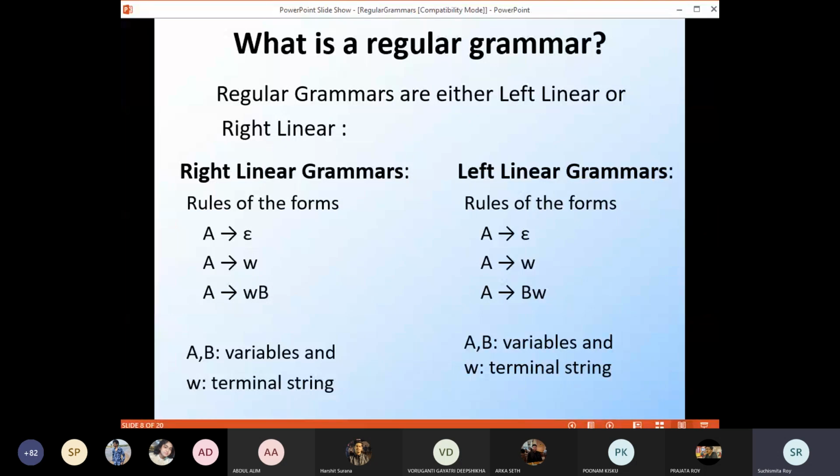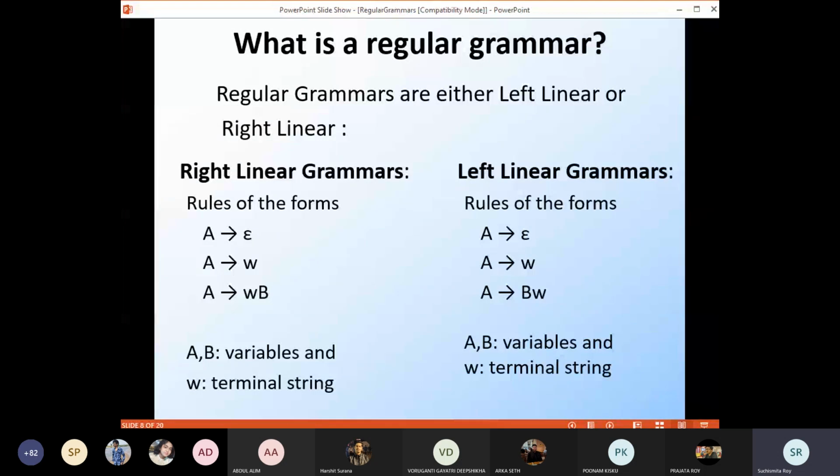Regular grammars are typically of the form either left linear or right linear. Please remember, they have two forms, and just as you can convert from an NFA to a DFA or a DFA to an NFA, epsilon NFA, and so on, similarly you can convert from left linear grammar to right linear grammar and back, and of course from every grammar to a finite automaton, and the reverse.